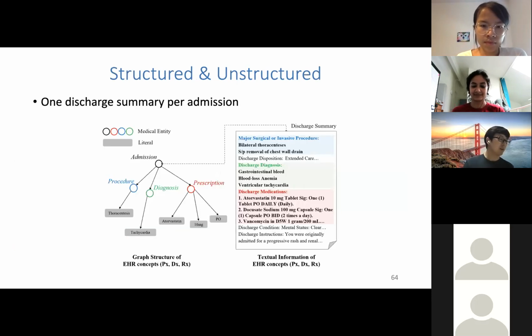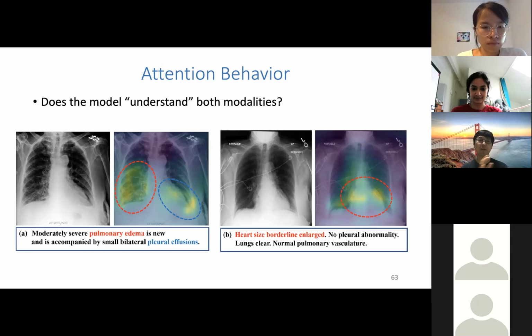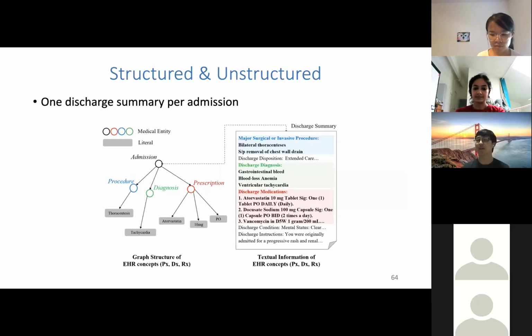Right, I guess I can just skip through these. Another form of multimodal learning. The previous one was image and text multimodal learning. This is graph and text. So far I've talked about how the EHR dataset can be seen as a graph. We have structured information, and we also have an unstructured discharge summary.